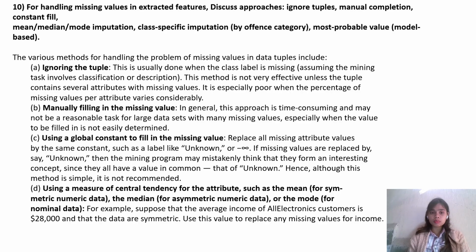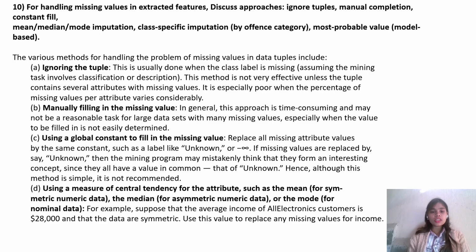Replace all missing attribute values by the same constant, such as a label like unknown or minus infinity. If missing values are replaced by, say, unknown, then the mining program may mistakenly think that they form an interesting concept, since they all have a value in common, that of unknown. Hence, although this method is simple, it is not recommended.